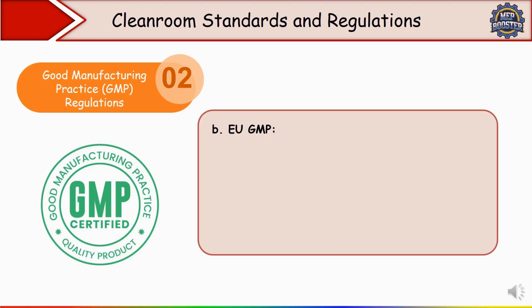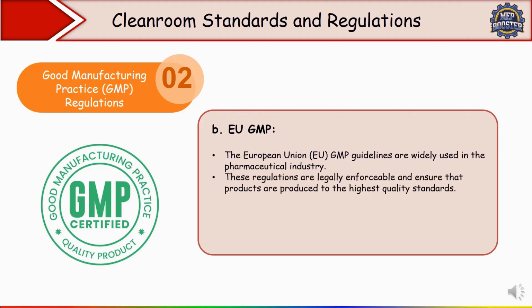Next is the EU GMP standard, meaning the European GMP guidelines. Remember, the European Union GMP guidelines are widely used in the pharmaceutical industries. These regulations are legally enforceable and ensure that products are produced to the highest quality standards. Key aspects include clean room classification.